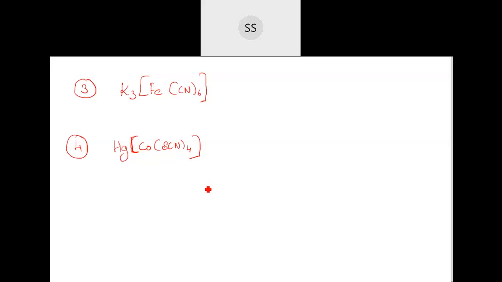Yes, correct. Sonali can answer me. Tell me what is the answer for this third one. You type and tell me the answer. And Roshni will tell me for the fourth one.